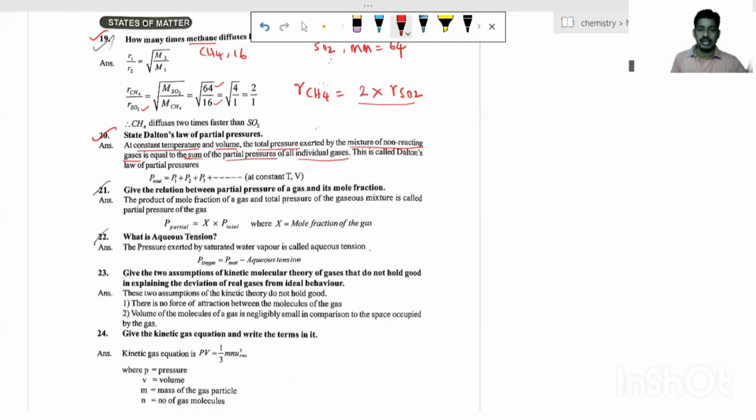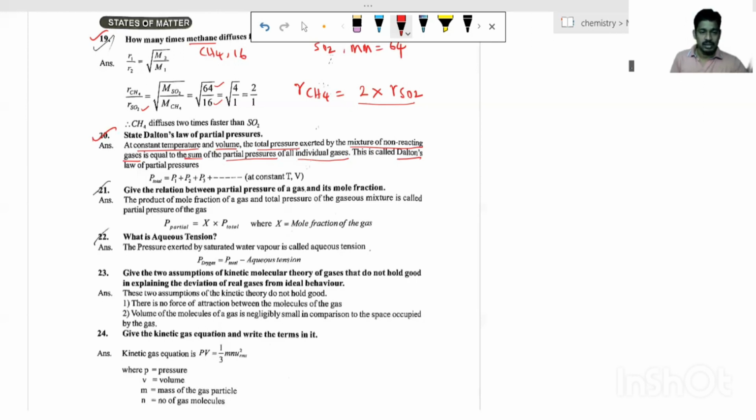So this is called Dalton's law of partial pressure. Which is represented mathematically as P total, that is nothing but total pressure, is equal to P1 plus P2 plus P3, and so on. Here P1, P2, P3 are the partial pressures of the gases 1, 2 and 3.